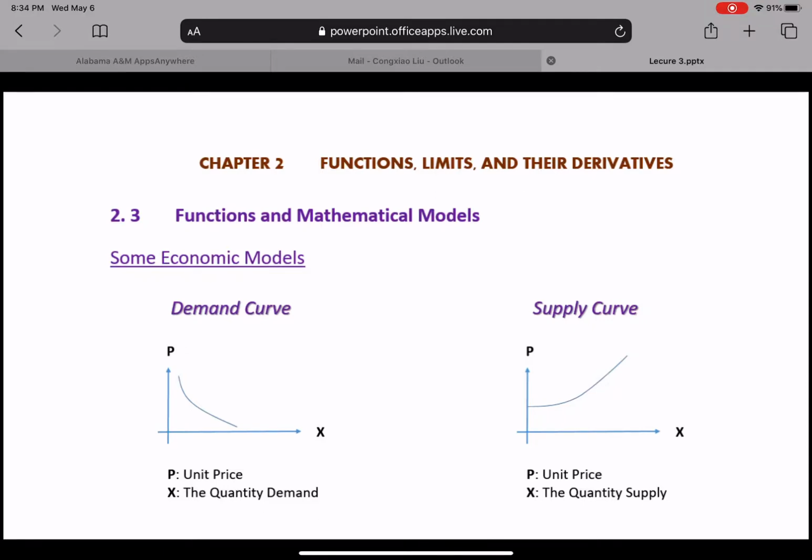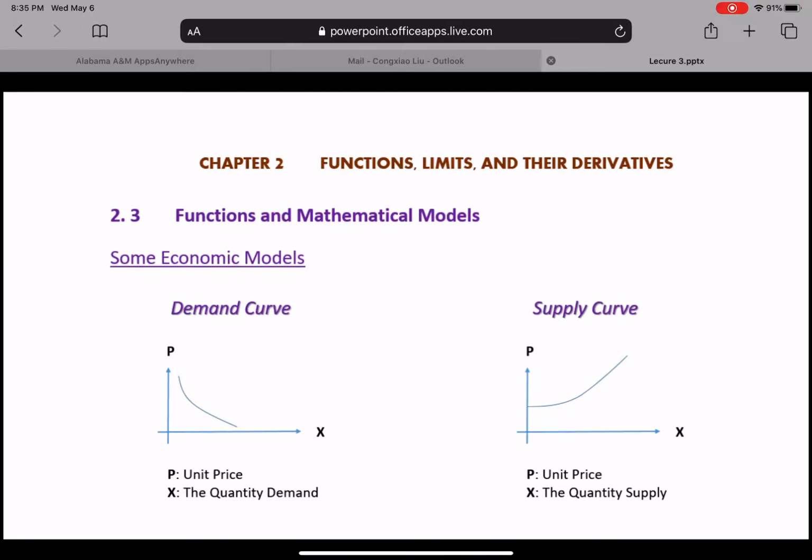On the other hand, the supply curve or supply function is on the standpoint of the sellers. So they want to make more money from the commodity. So they want the price to go up as the quantity increases.